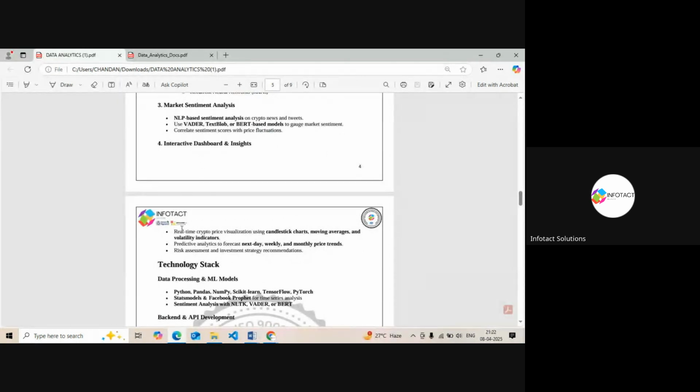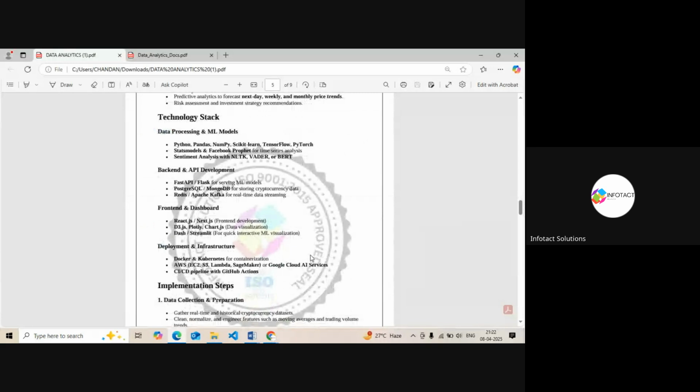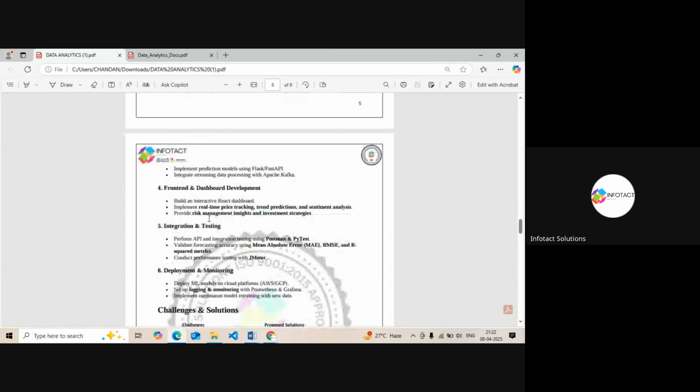Interactive dashboards you can use. You can go for predictive analytics to forecast the next day, weekly and monthly price trends. For the technology stack, you can use Streamlit. As data science and machine learning students, only Streamlit is to be used.